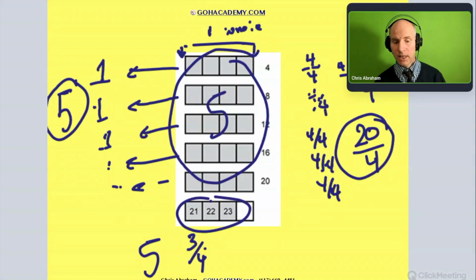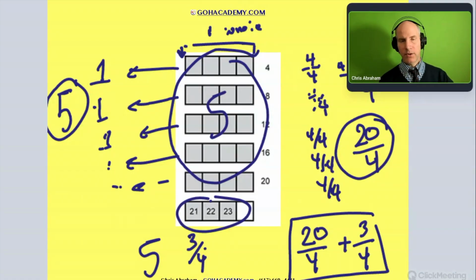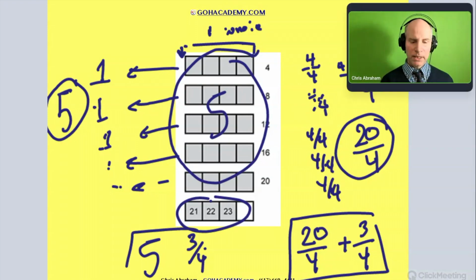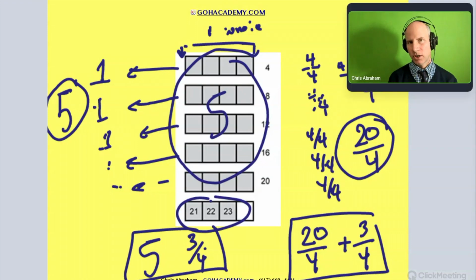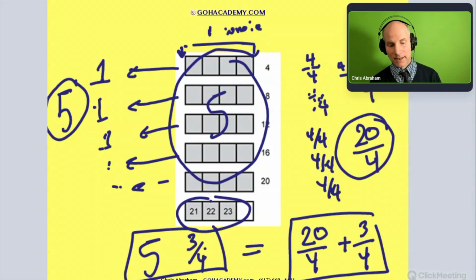Or another way of thinking about that is we have 5 plus an additional 3/4 showing in that diagram. Do you see that? I know this is a tricky one because the diagram is so darn confusing. Would you agree that these are equal amounts? Like 5 and 3/4 is the same as 20/4 plus 3/4. Is that accurate? Yeah, that's right.